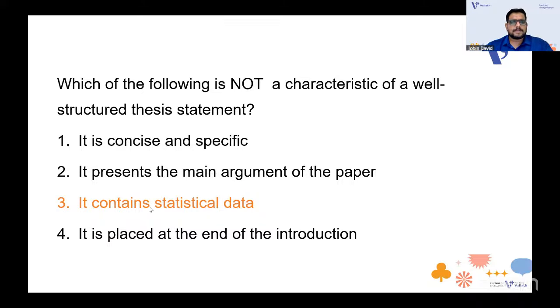So the answer here is: it contains statistical data, which a well-structured thesis statement does not.